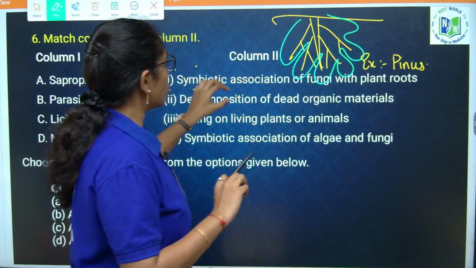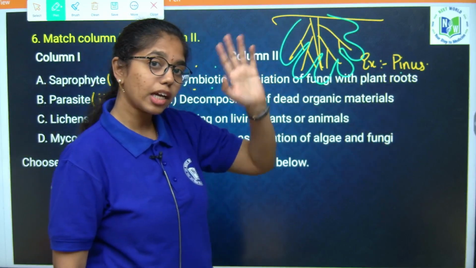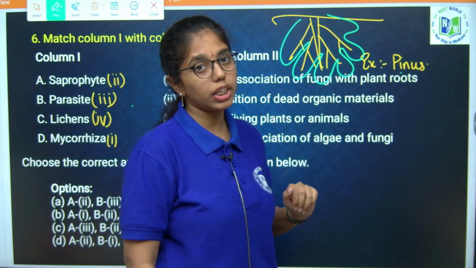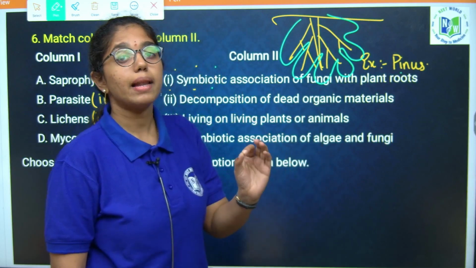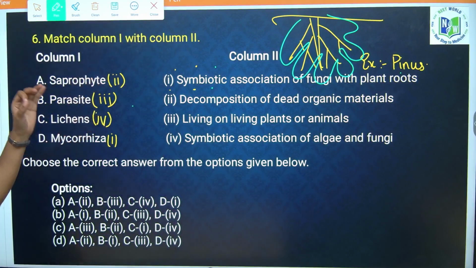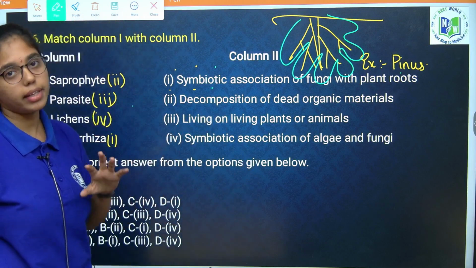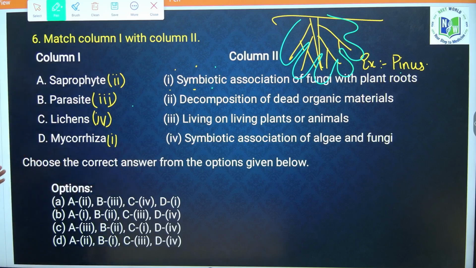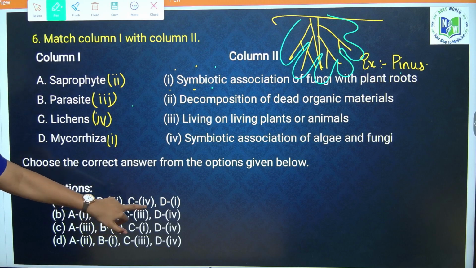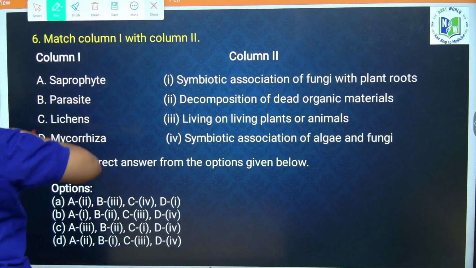In cycas of gymnosperms you will see the association of BGA, which is helpful for nitrogen fixation. Wherever possible, it is good to recall all the information so that it stays in mind. Clear? A 2, B 3, C 4 and D 1. Option A is the correct answer.